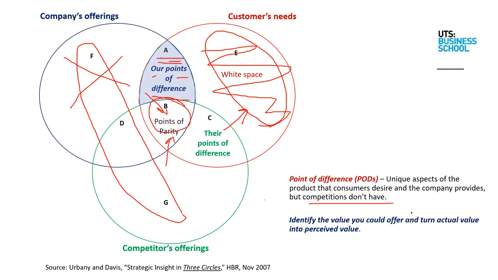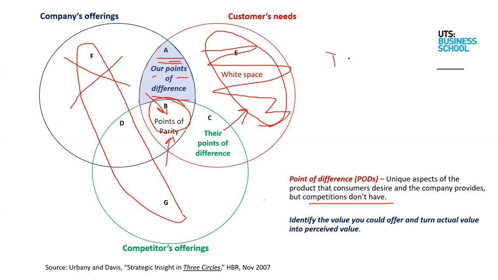So that is the purpose of the three circles, to be able to identify what are your points of difference of your product from that of other products. So that is able to help you identify the value that your product can offer and turn the actual value into perceived value. So consider, for example, a hair dryer.